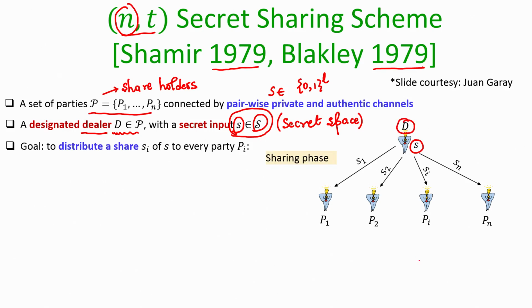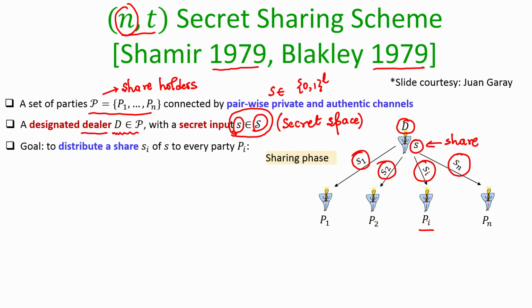Now, the goal is the following: we want a mechanism according to which the dealer should share this secret S among the shareholders. By that I mean we need a mechanism according to which the dealer should compute n pieces of information, denote them as S1 to Sn, and the ith piece of information, namely Si, will be given to the ith party.